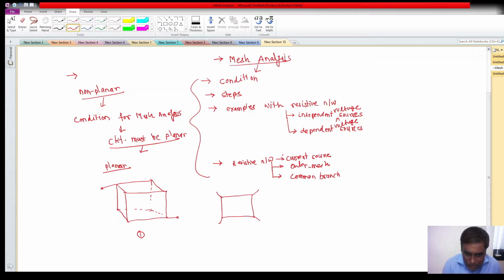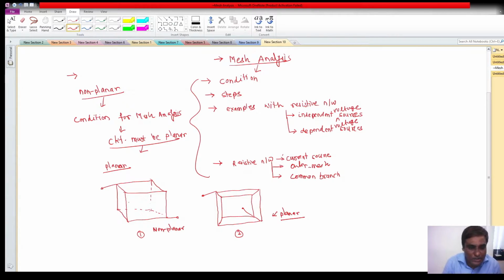For example, suppose this is the way, and these are my terminals. One terminal is here and the second terminal is here. So this is the second skeleton. Here, if I would like to identify which one is planar and which one is non-planar, we can say that the first network is a non-planar network and this is your planar network.